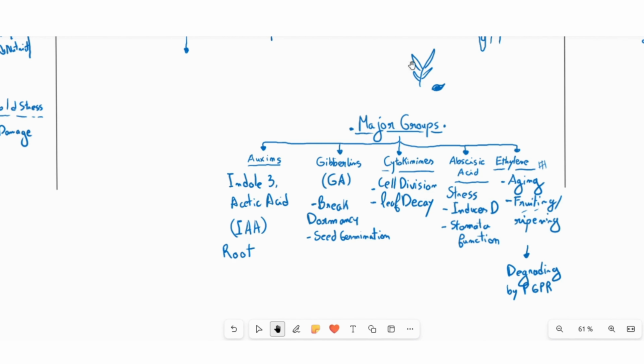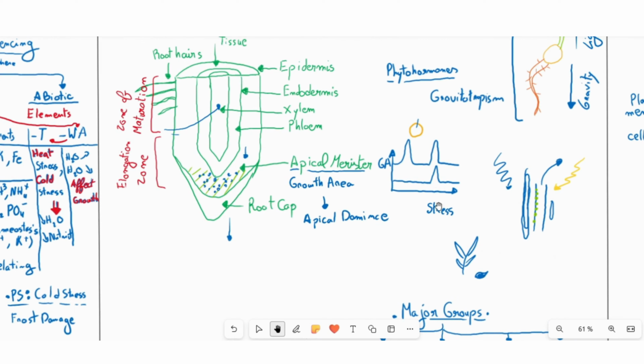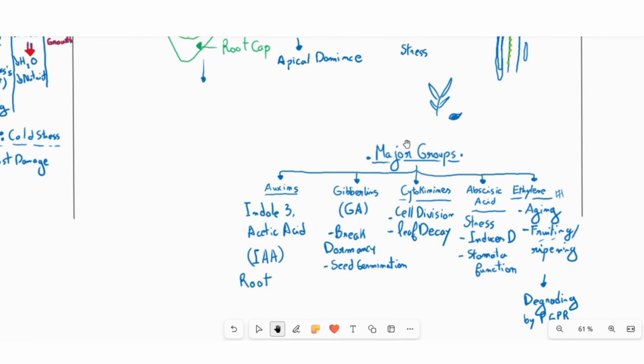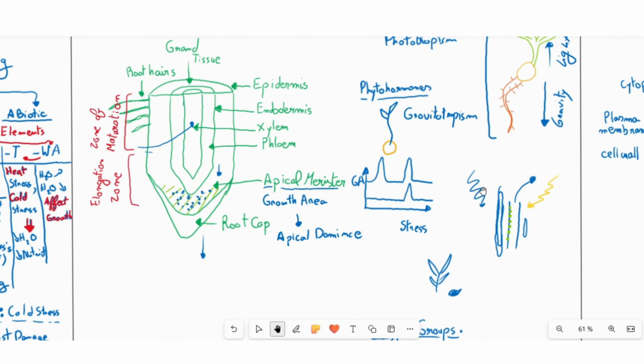But abscisic acid is also important in the process of germination and the breaking out of dormancy for the seed, for it to grow in a tropism, which is direction of growth, either gravitropism or light tropism, phototropism. And that will be also included in other elements like gibberellins, which will help it germinate and break its dormancy, as well as auxins that will help it know in which direction to grow.